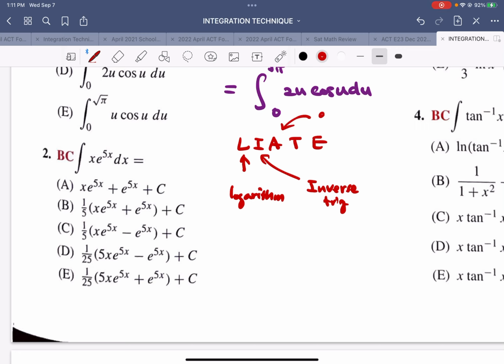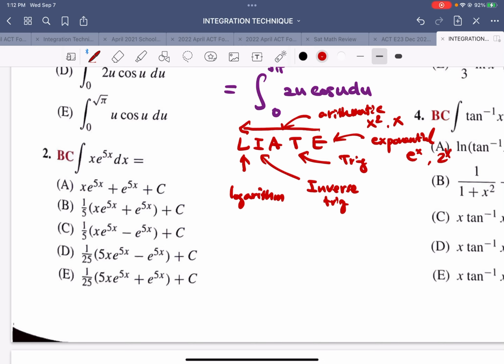And this one arithmetic, meaning a polynomial like x squared or like x. This one trig function like sine, cosine, tangent, and this one exponential function, like e to the x or 2 to the x. And this side has more priority. So remember this, Riyadh.